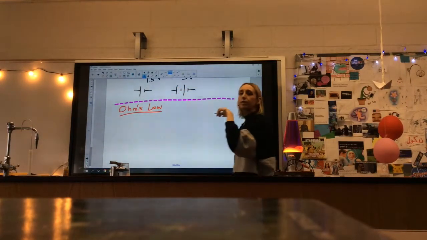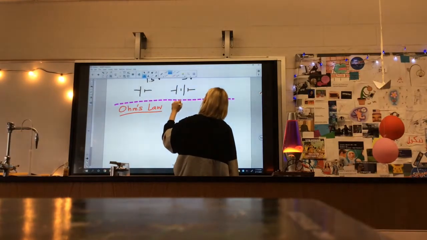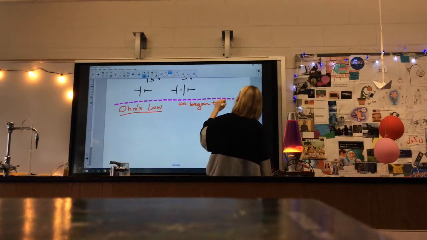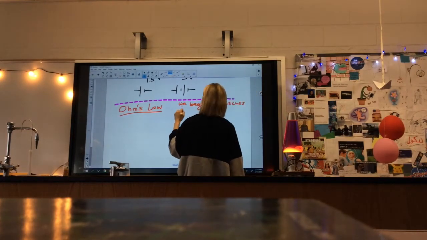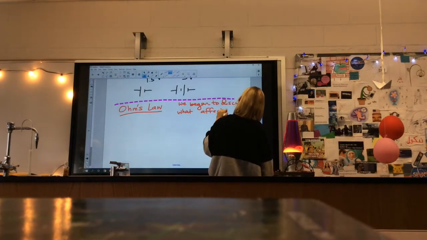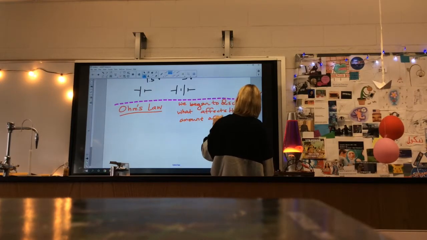We began to discuss what affects the amount of current in a circuit.